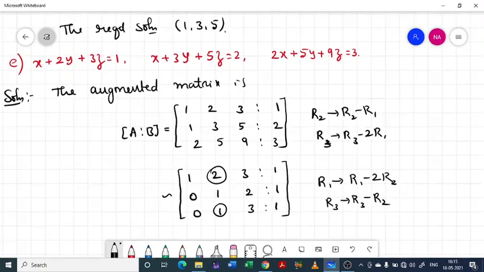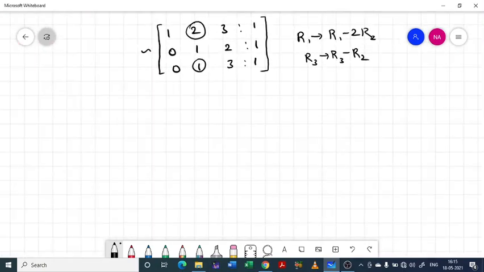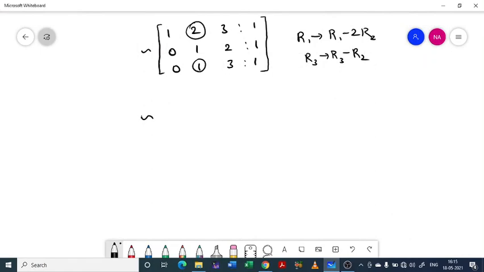Now applying these operations, first row, 1, 2 from our choice, 3 minus 4, get minus 1 colon 1 minus 2, again minus 1. Second row, no change, 0, 1, 2 colon 1. Last row, we have applied the operation, so it will be 0, 1 minus 1, 0, 2 minus 3, minus 1, and 1 minus 1, 0 again.